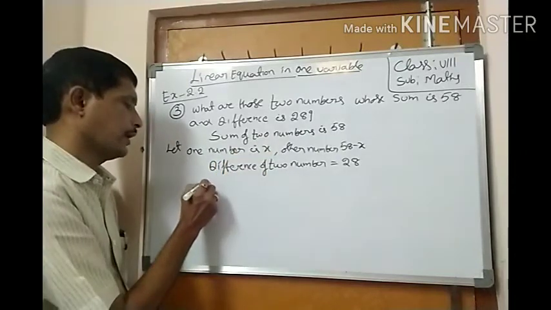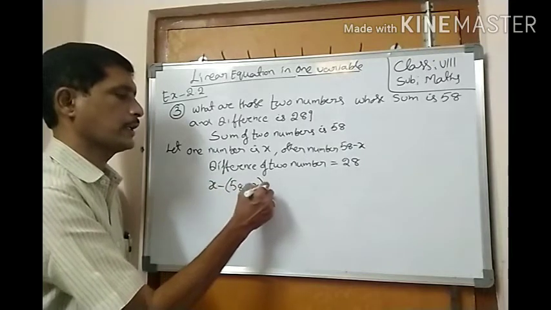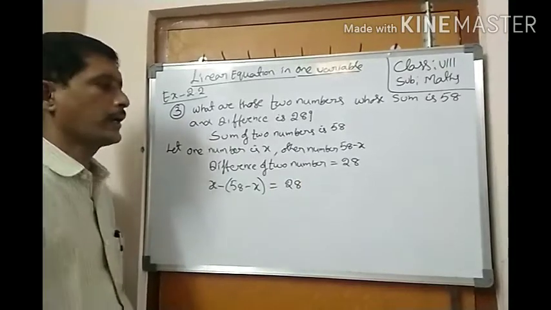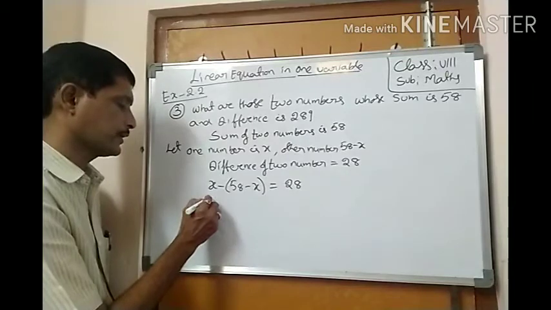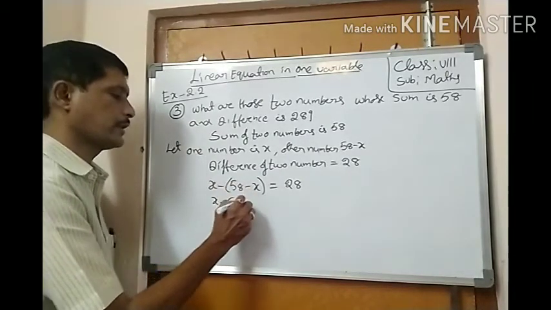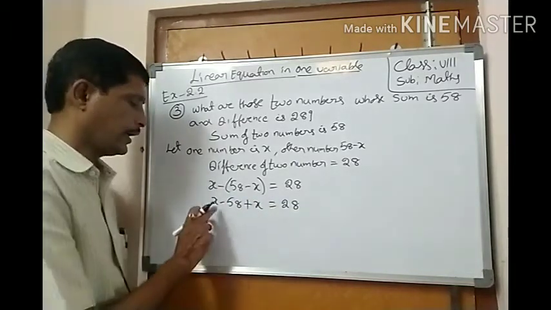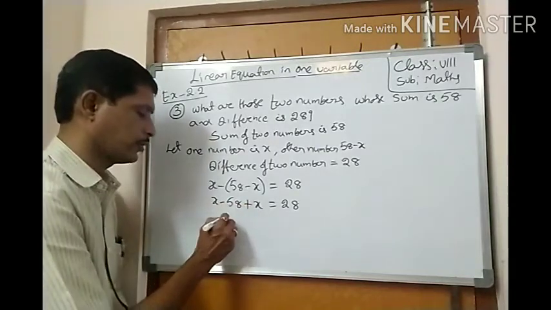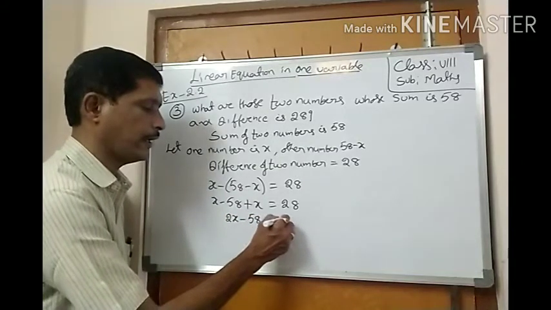Therefore the difference is x minus (58 minus x) equal to 28. Whichever order you take, x multiplied with minus 58, minus into minus is plus x, equal to 28. Here x plus x, that is 2x minus 58 equal to 28.